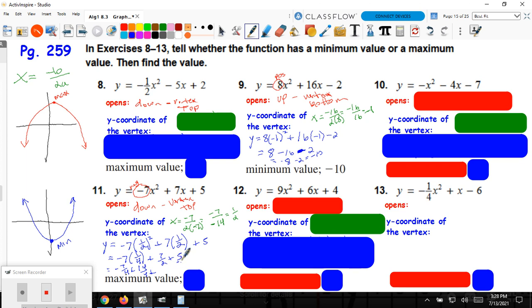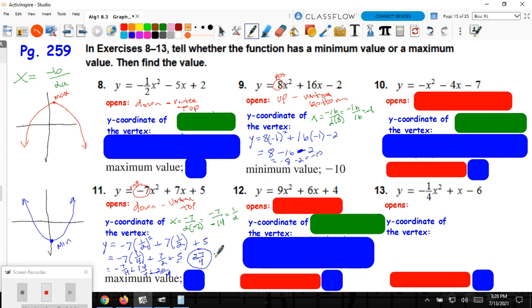So 20 fourths. 20 over 4. Sorry that this is getting a little small in there. So numerators, everything is a 4 on the denominator. Numerator is what we have to add or subtract. So take 7 away from 14, that's a 7, plus 20 is 27. So we're seeing it's going to be 27 fourths. So that would be fine right there, 27 fourths.